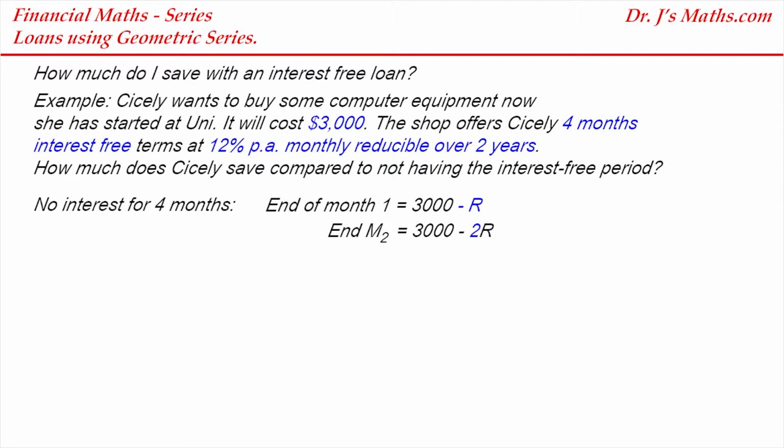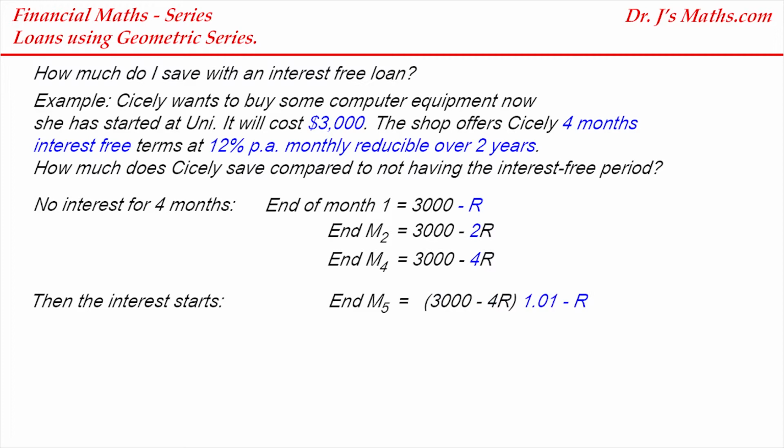Same with month 3, and so the end of month 4, which is the end of the interest-free period, is $3,000 minus 4 repayments. Then the interest starts. So at the end of month 5, she's got everything she had at the end of month 4, 3,000 minus 4R, times the interest, 1.01, minus the repayment. At the end of month 6, all the same thing, what she had outstanding, all times 1.01 minus R.